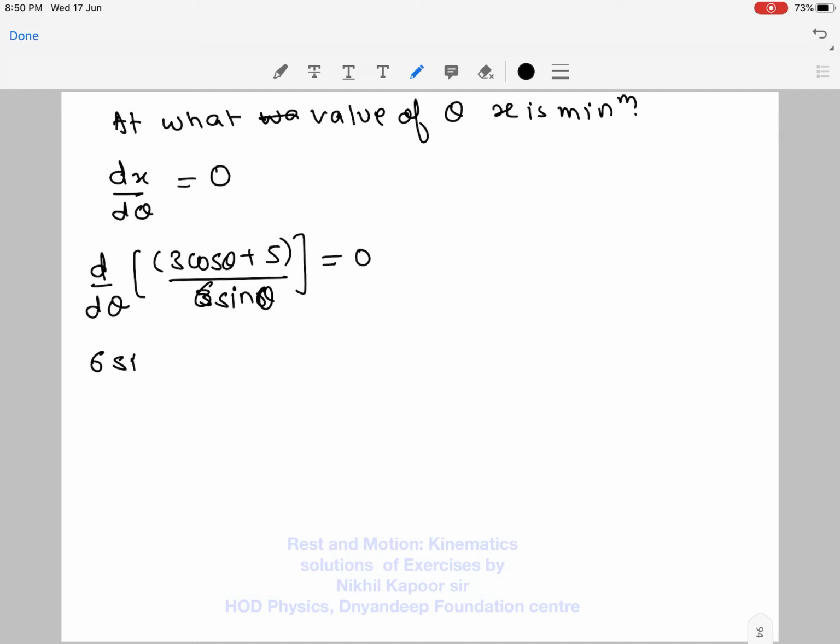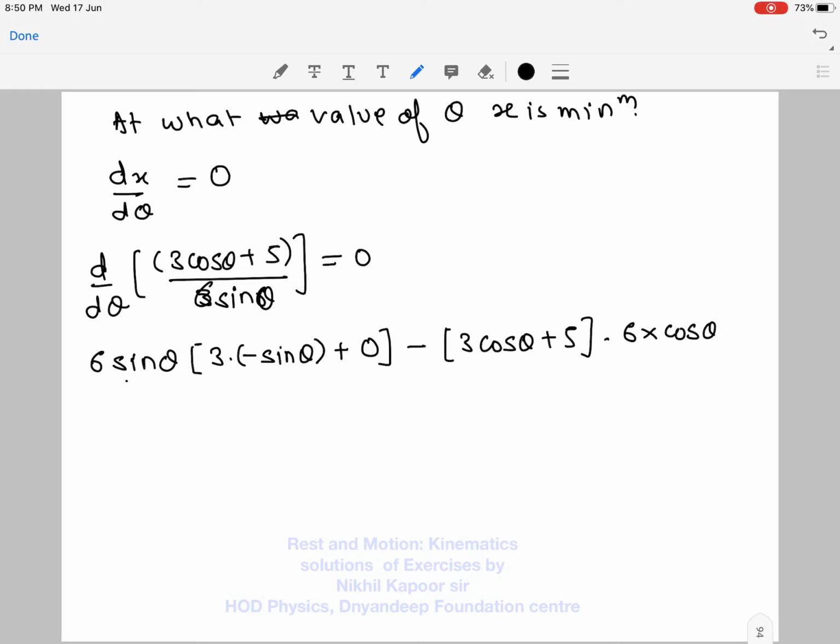So by the u upon v rule, sin theta, the denominator as it is, derivative of numerator: 3 as it is, derivative of cos theta is minus sin theta, plus derivative of constant is 0, minus the numerator as it is, 3 cos theta plus 5, into derivative of denominator, so 6 as it is, and derivative of sin theta is cos theta, whole upon denominator square, equal to 0.